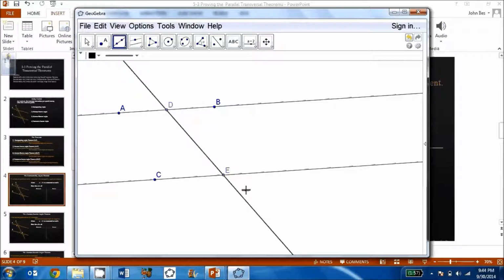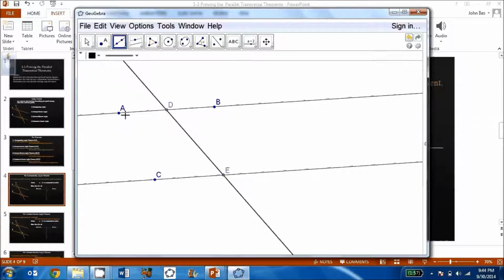Okay, and then we want to measure some angles, because we don't have any tools that we can use to say that anything's congruent to anything else unless and until we start building some angles.